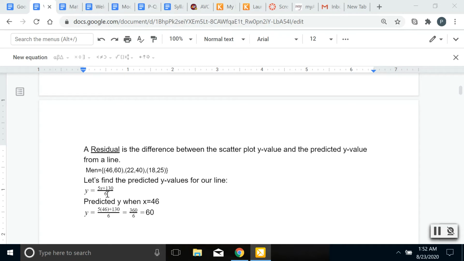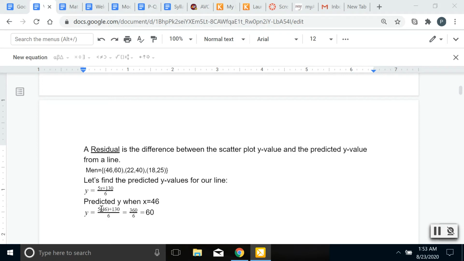So let's find the predicted y values for our line. We'll be using the x values here, so our ages: 46, 22 and 18. So when x is 46, you put 46 in place of x right here. I've done that here. So it'd be 5 times 46 plus 130, divided by 6.